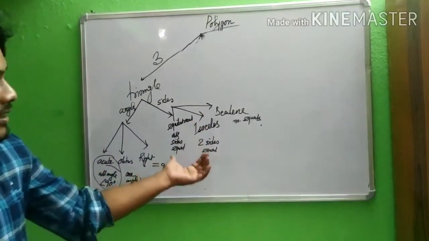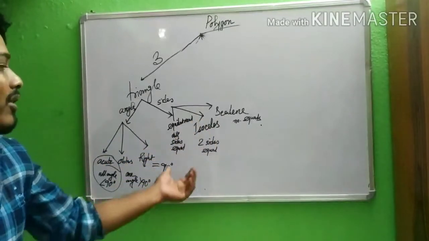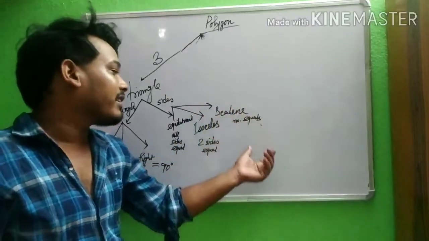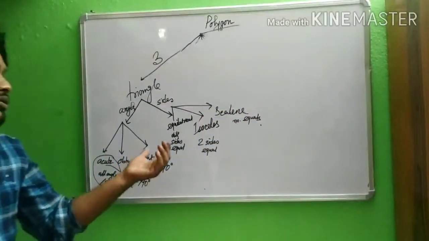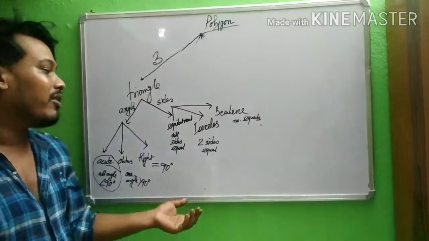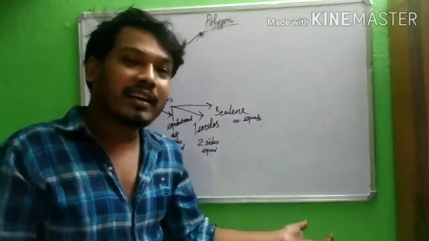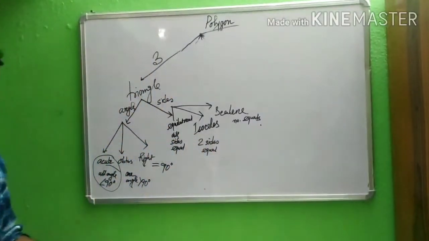An isosceles triangle is a triangle whose two sides are equal. A scalene triangle is a triangle whose no sides are equal, or whose all sides are unequal. You can give the definition in your own way.